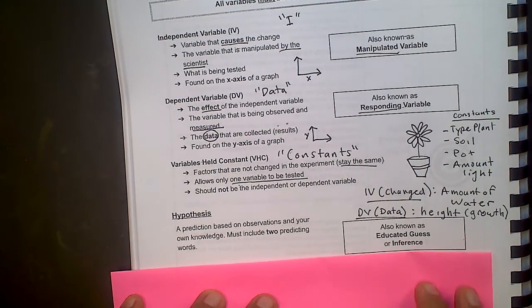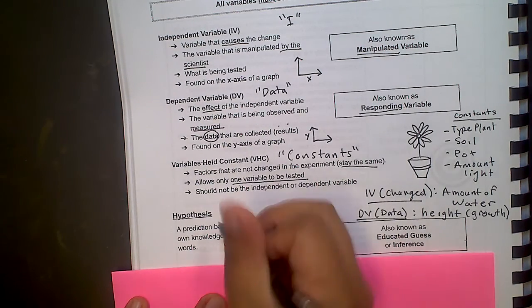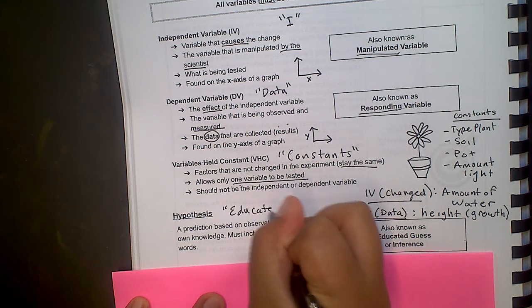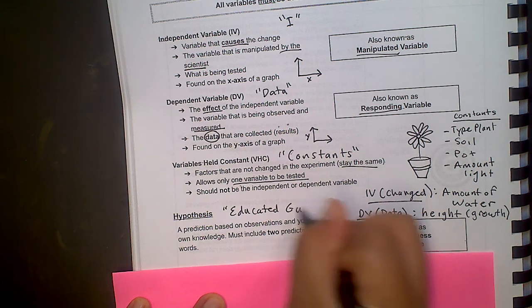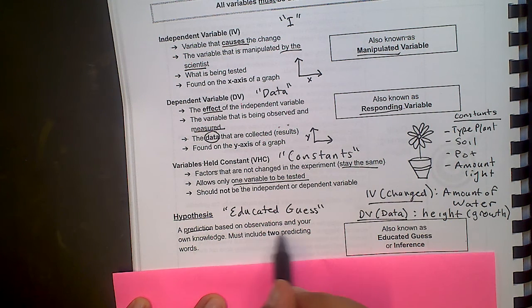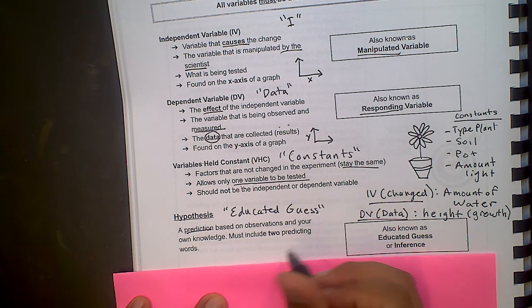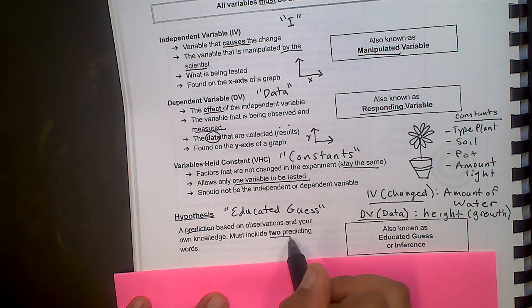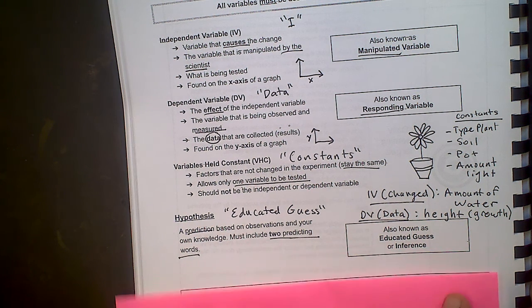All right, so another keyword is hypothesis. This is called the educated guess. It is a prediction or a guess based on observations and your own knowledge. So maybe you have some prior knowledge about plants. And it must include two predicting words.